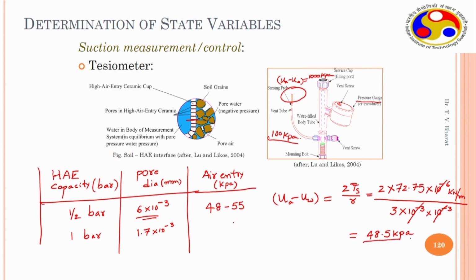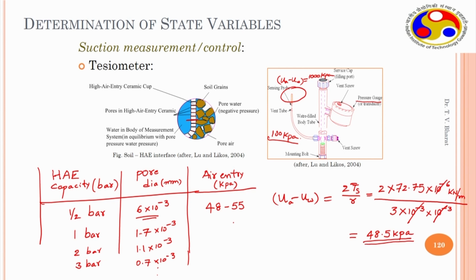So, with that approximation, this comes to be around 48.5 kilopascal. For 1 bar, the pore diameter comes out to be 1.7 times 10 power minus 3, for 2 bar 1.1 into 10 power minus 3, and for 3 bar 0.7 into 10 power minus 3 millimeter, so on and so forth.